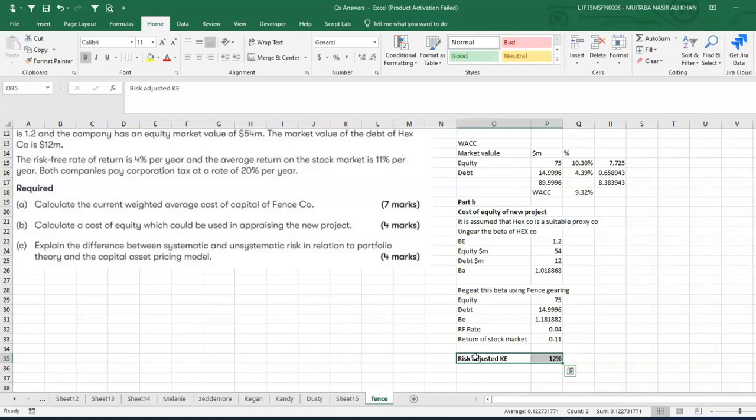Systematic risk cannot be diversified away. So the CAPM, capital asset pricing model, assumes that investors are rational, unsystematic risk will be diversified away but systematic risk will be there. So CAPM return assumes only the systematic risk. It does not assume the unsystematic risk. It assumes that investors are rational and they will reduce the unsystematic risk.